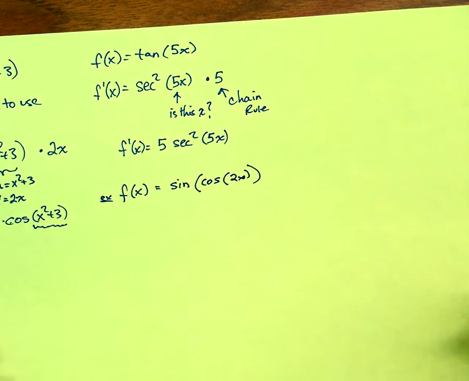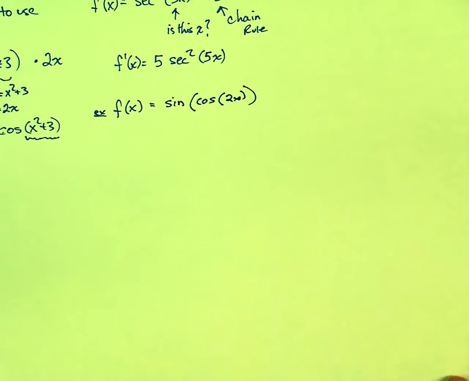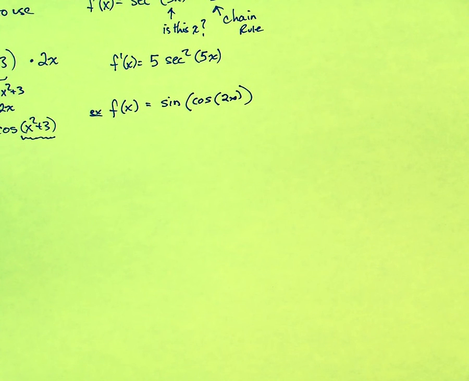F of x is equal to the sine of the cosine of 2x. Go step by step. Work from the outside in. That's what you want to do.